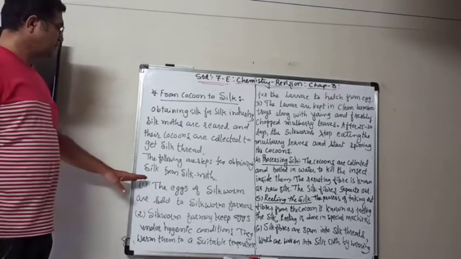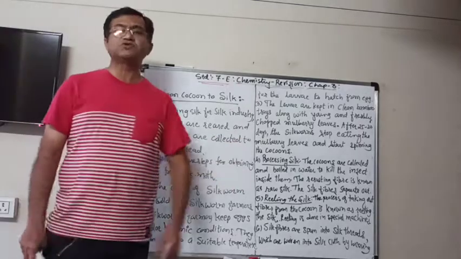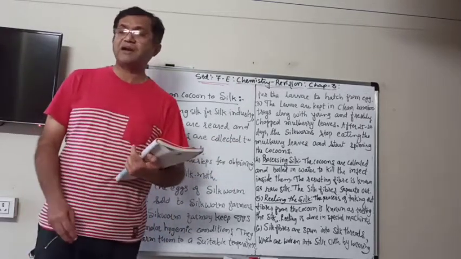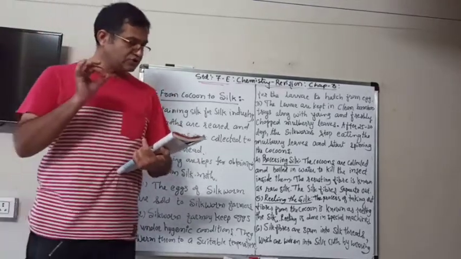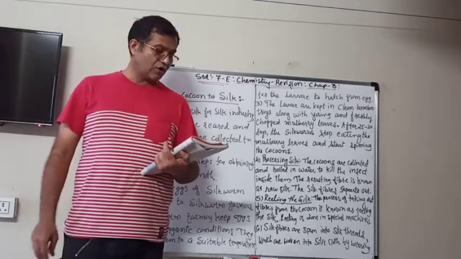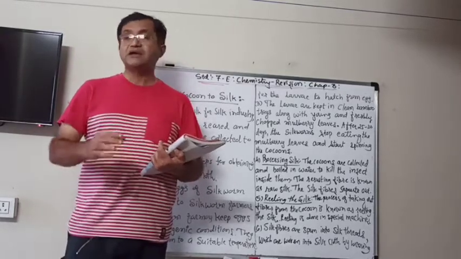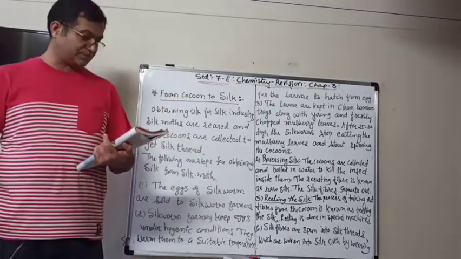So here there are different steps in how the process is going on. First of all, the female will lay hundreds of eggs which are stored carefully on the strips of cloth or paper, and then they are sold to the silkworm farmers.